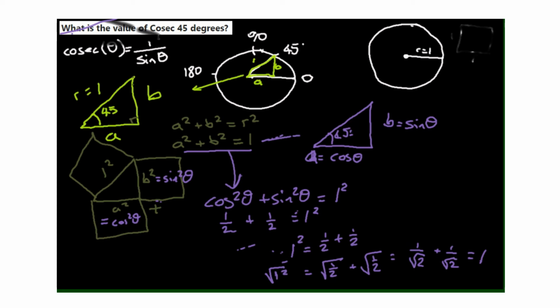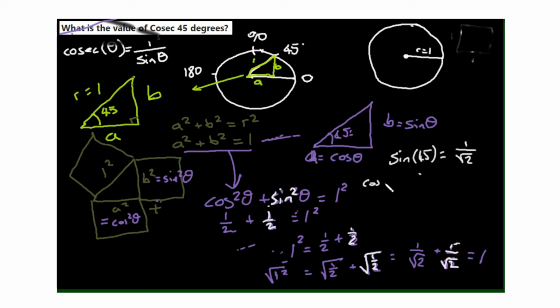I'll highlight it in white. This is our sine squared, so you could follow through with these white ones. The one in white is sine squared here. Okay. So therefore we can take that out. We know that sine 45 degrees equals 1 over square root of 2.